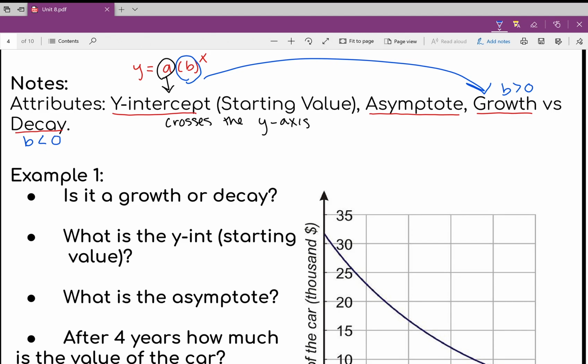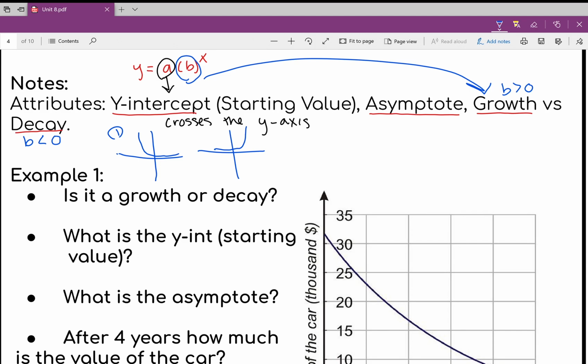So what I mean by growth and decay, if I was to draw two graphs, so right here, one looking like this, and then one looking like this. If we look at it from left to right, this first graph here is going down.